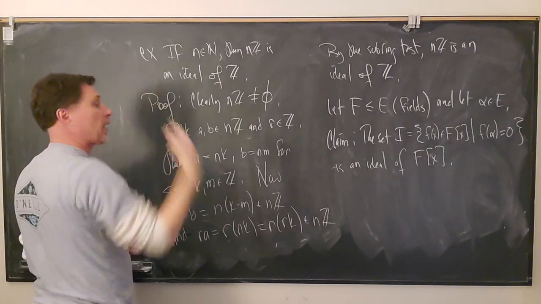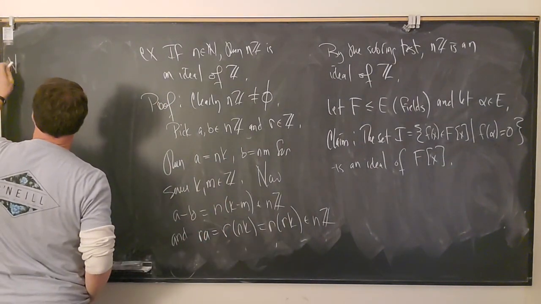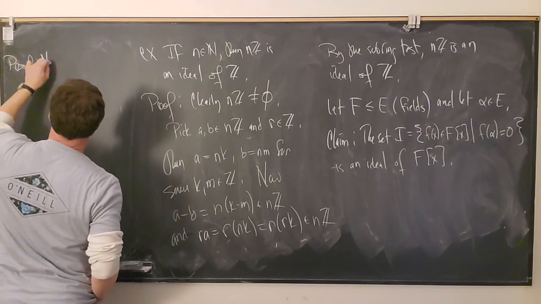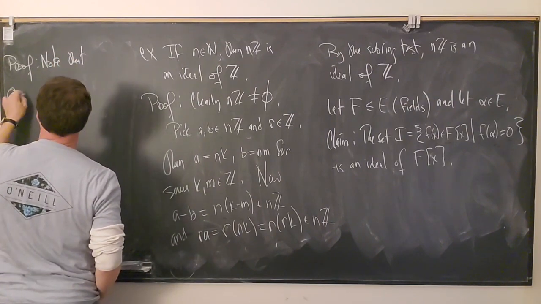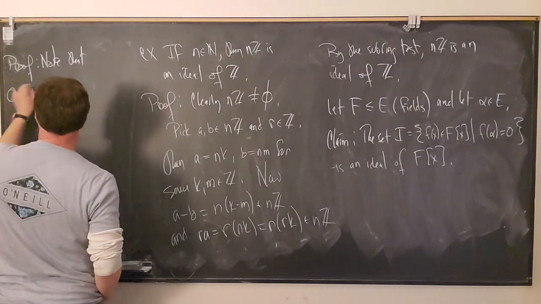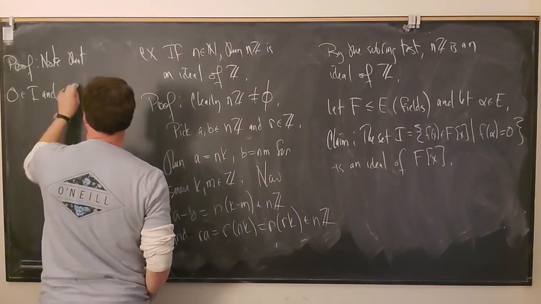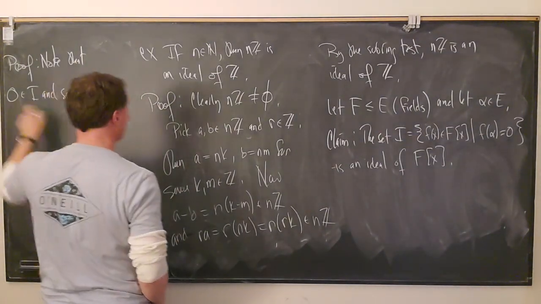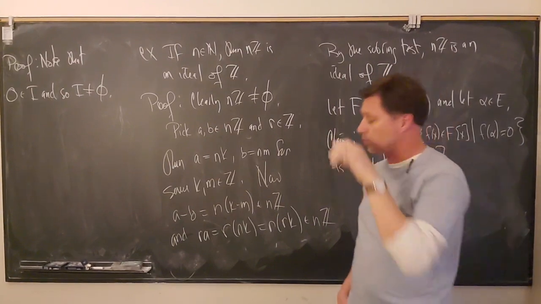So first of all, it's non-empty because this is true for the 0 polynomial. So let's say proof. Note that 0 is in capital I, and so I is non-empty. And when I write 0 here, I mean the 0 polynomial. If you plug alpha into the 0 polynomial, you get 0.